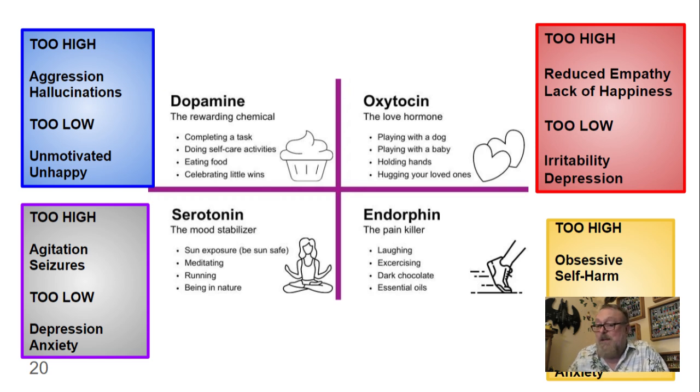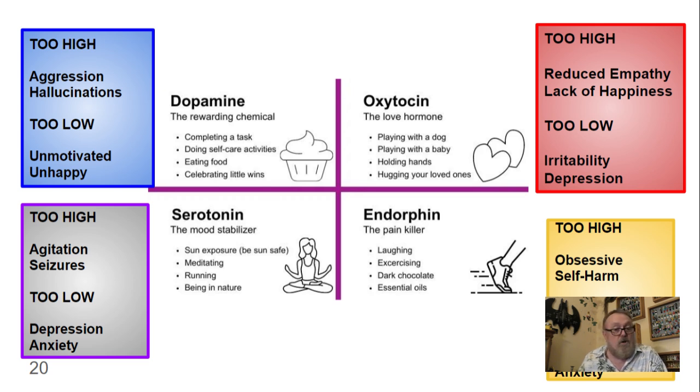Too high dopamine levels cause euphoria, poor impulse control, aggression, and hallucinations. Too low levels of dopamine include being unmotivated, unhappy, memory loss, and mood swings. But the right amount is desired, and gives these good characteristics.